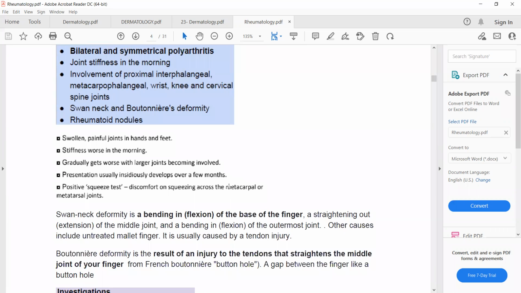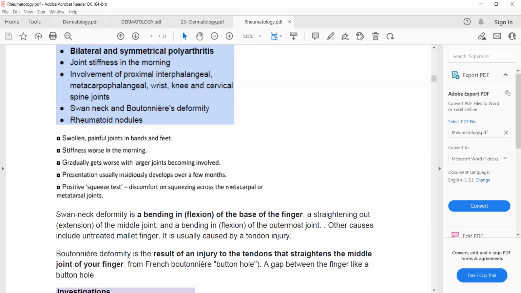So someone with swollen, painful joints in the hands and feet, and the stiffness is worse in the morning and improves in the evening or with activity, and a positive squeeze test. What is a positive squeeze test? Squeezing across the metacarpal or metatarsal joints.